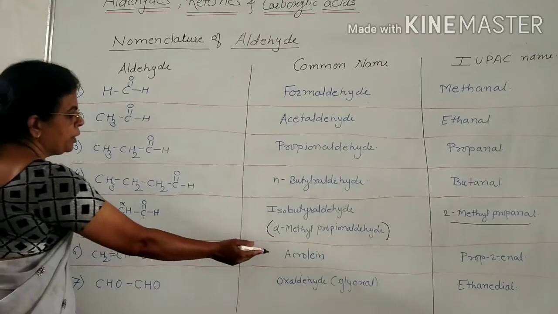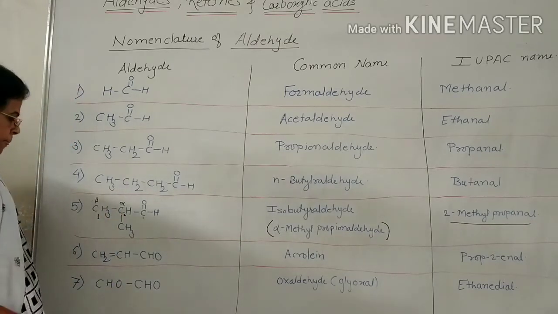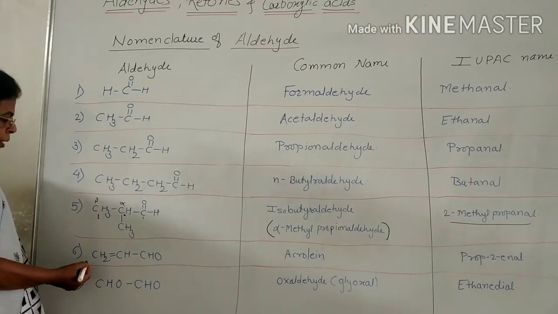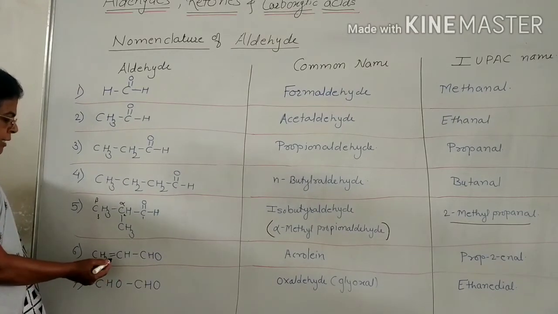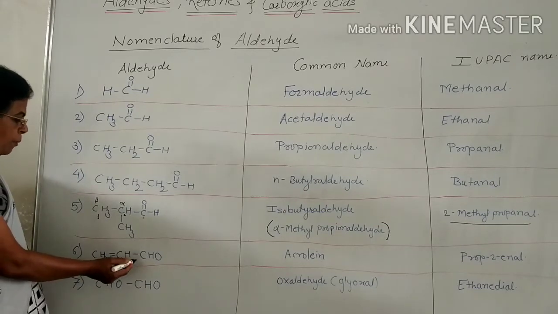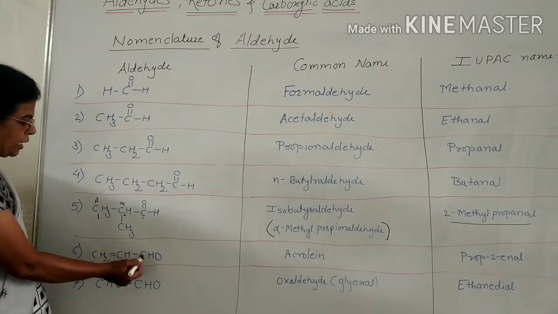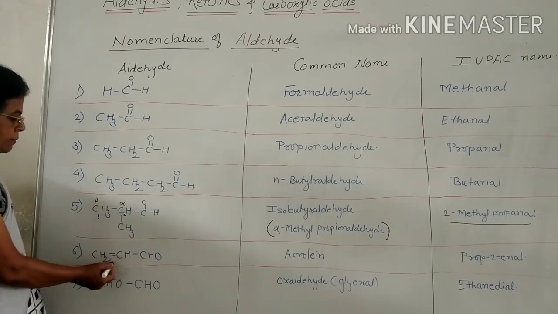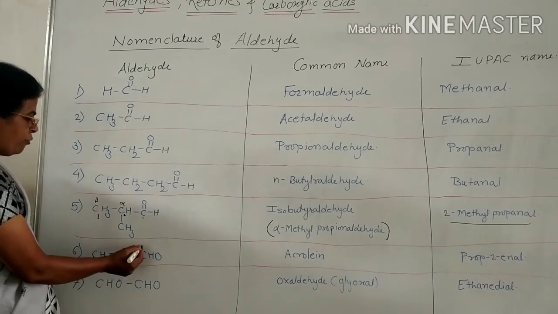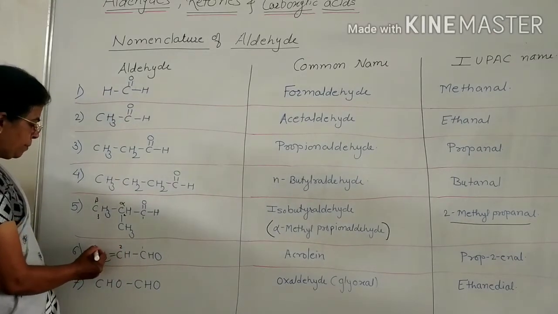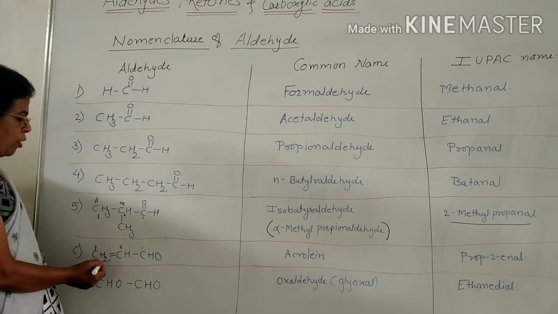Now next, CH2 double bond CH-CHO. The common name of this compound is acrolein. In the case of the IUPAC nomenclature system, there are 3 carbon atoms and it is propene. Here at 1 position there is the aldehyde group. Now 1, 2, 3. At 2 position there is a double bond.